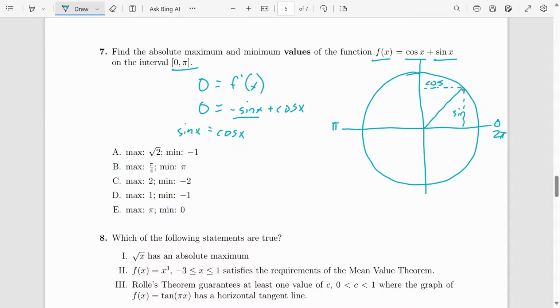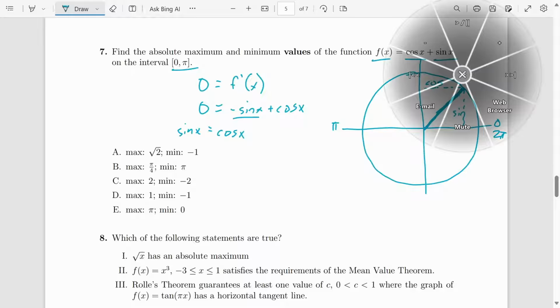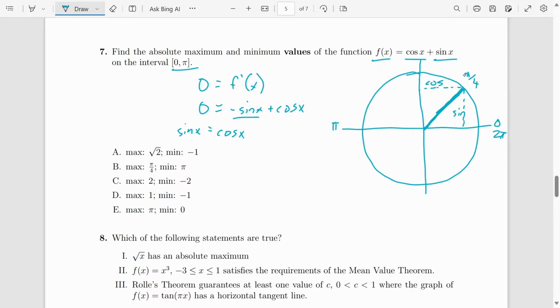If we want those two lengths to equal each other, this angle has to be basically in the position it is in right now, at sort of a 45-degree angle, an angle of pi over 4. With any other angle, like this one, the sine is going to be pretty big, close to 1, but the cosine is going to be pretty small and close to 0.